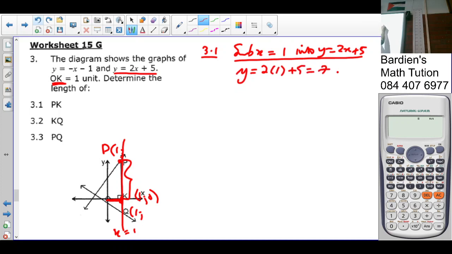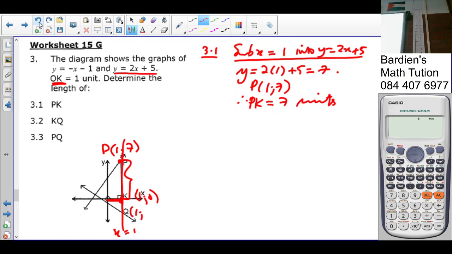So the coordinates of P are (1, 7). Have I answered the question? No. Therefore, the length of PK would be 7 units. From 7 to 0 is how many units? 7 units. Okay?